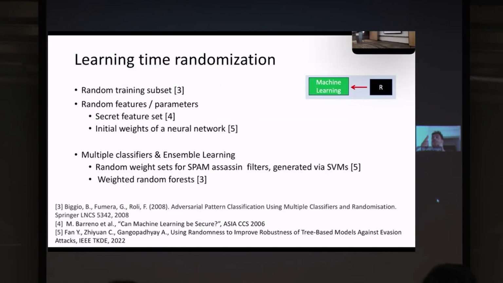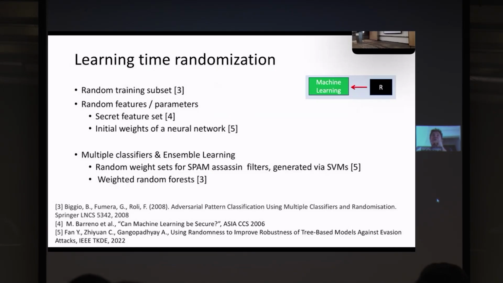You may use some specific and smaller subset, and different subsets learn different classifiers. So if you don't know exactly what the training subset is, then it's difficult for you to reconstruct the same classifier. Some other papers suggest keeping secret the feature selection or the initial weights in the case of a neural network.